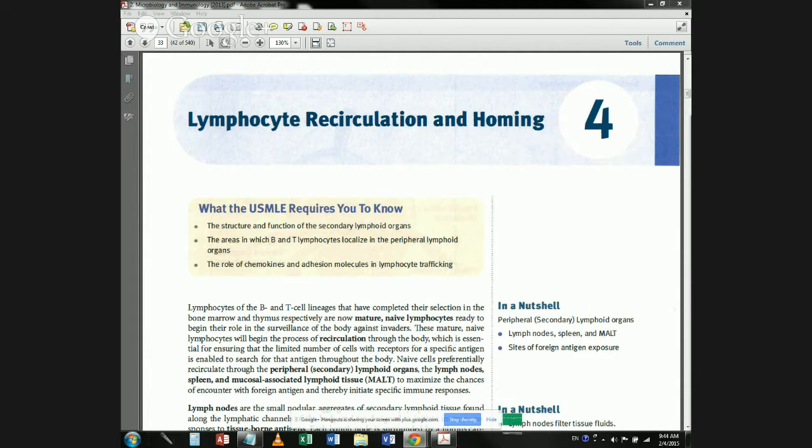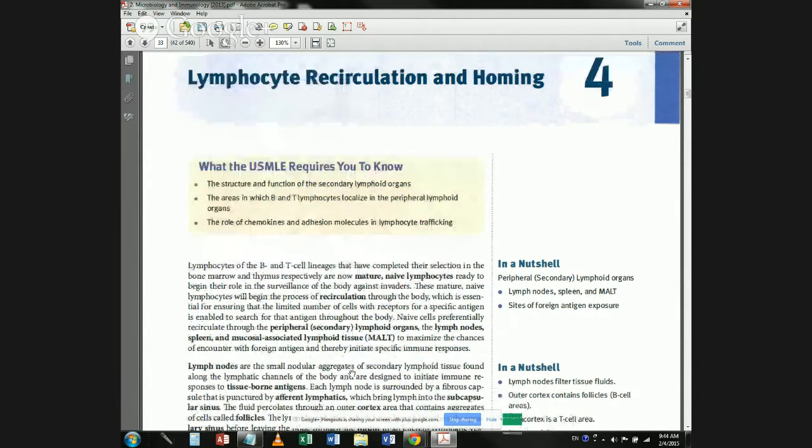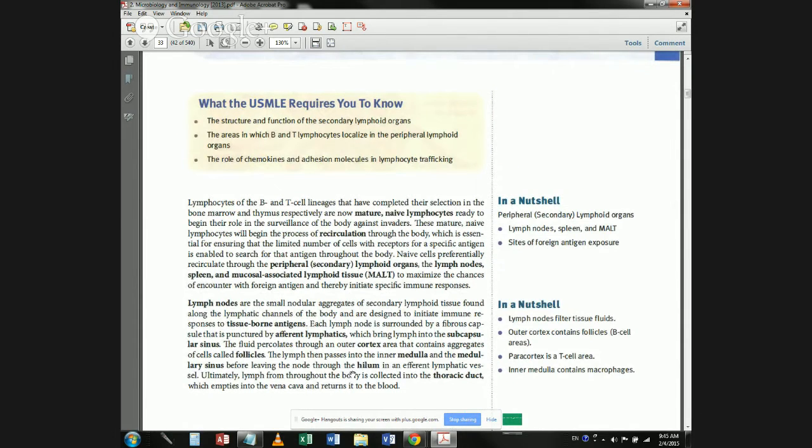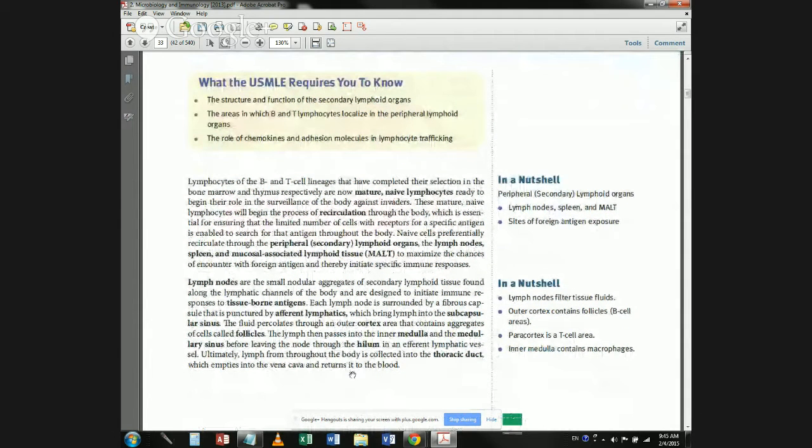Anyway, so lymph nodes are the small nodular aggregates of secondary lymphoid tissue found along the lymphatic channels of the body and are designed to initiate immune responses to tissue-borne antigens. So this is where all the antigen-presenting cells from the tissues collect all these little antigens they find along their tissues, and then they go and hang out at the pub, at the lymph node.